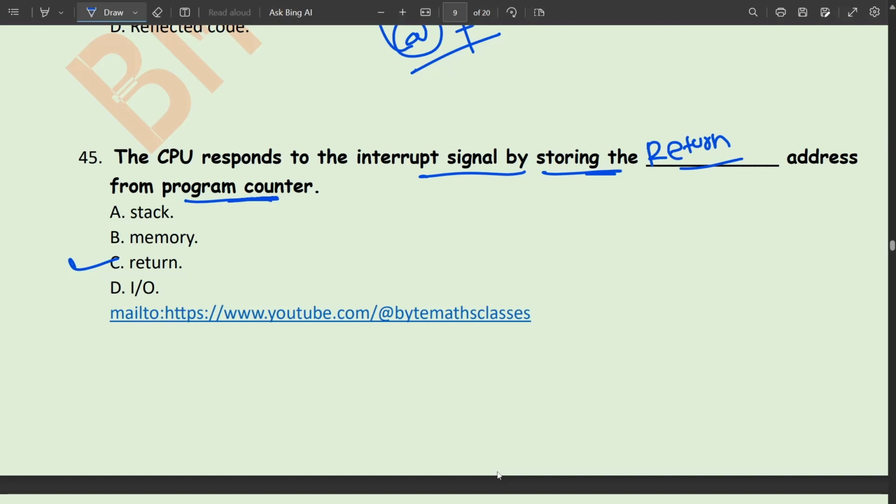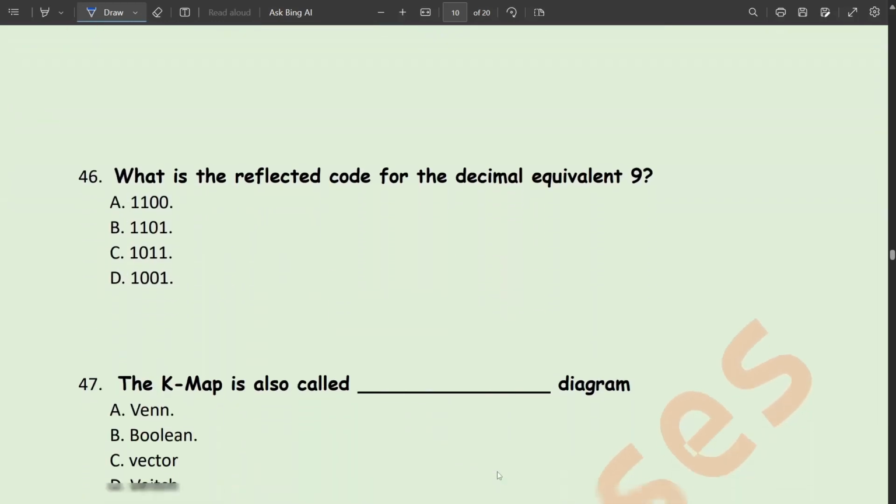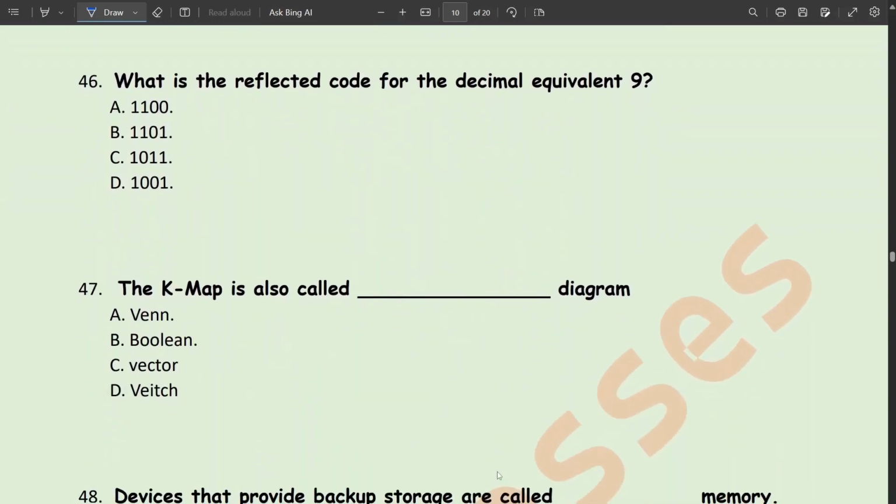Next, what is the reflected code for the decimal equivalent 9? Option number D is correct.